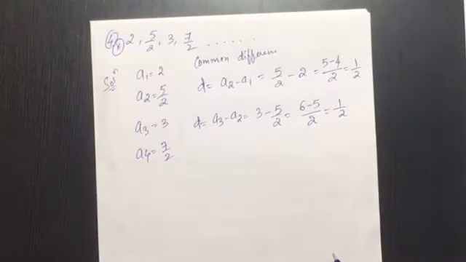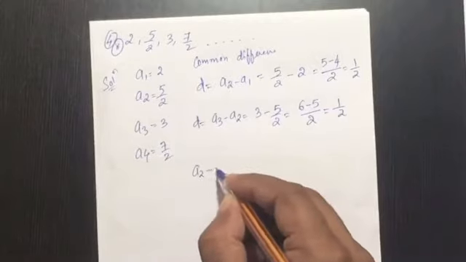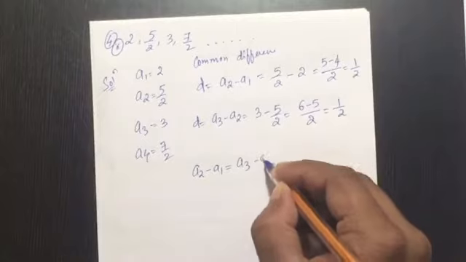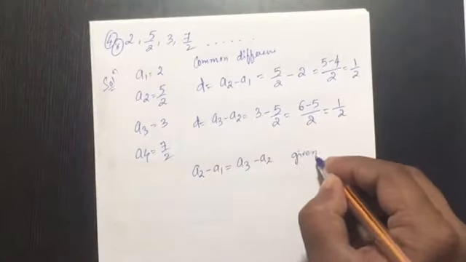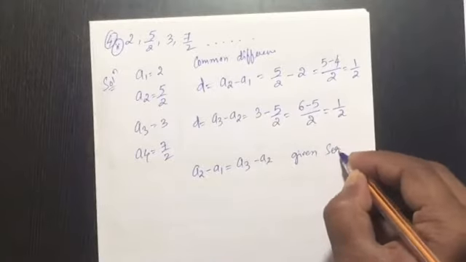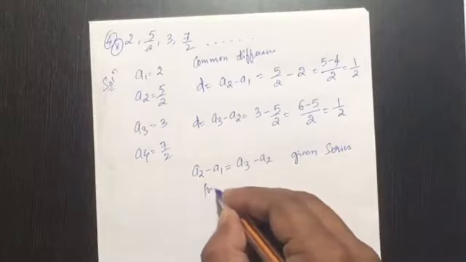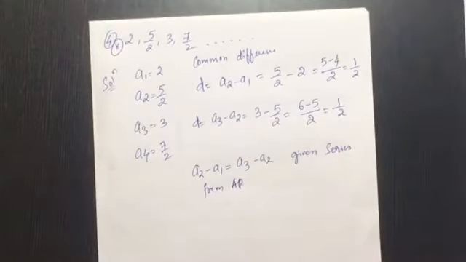So students, here we are getting A2 minus A1 is equal to A3 minus A2. The given series forms an AP. Okay, so next you find the fifth, sixth and seventh terms.